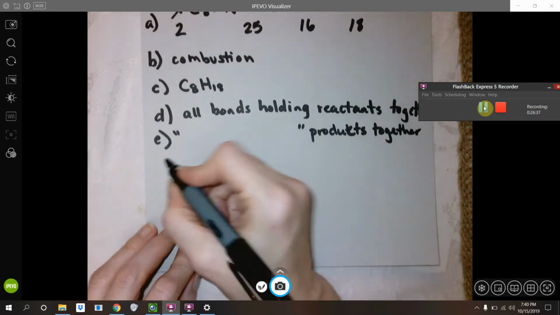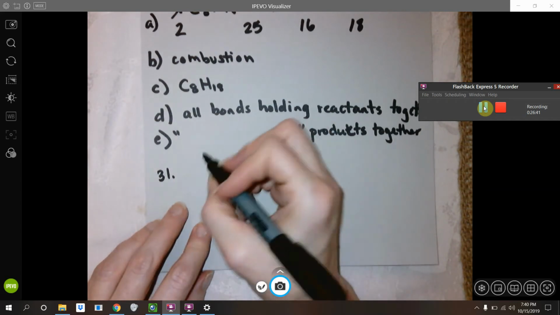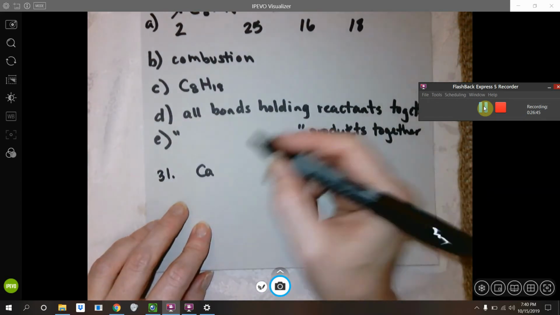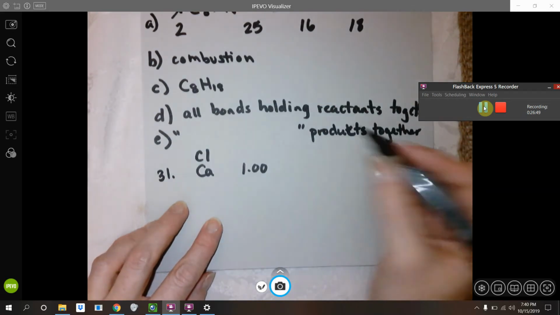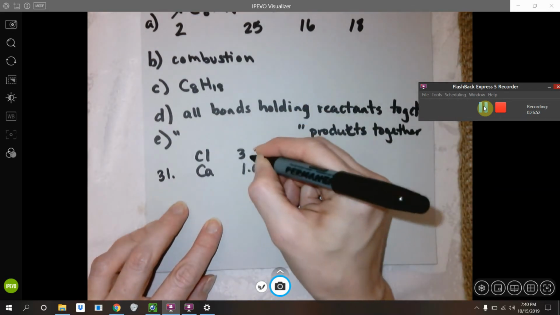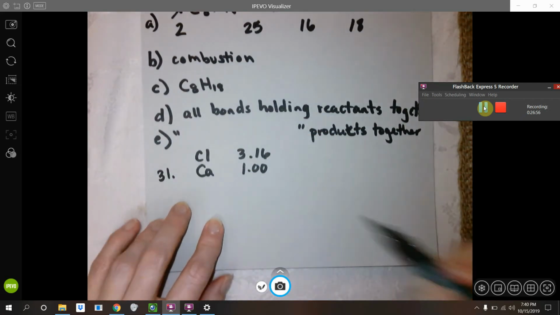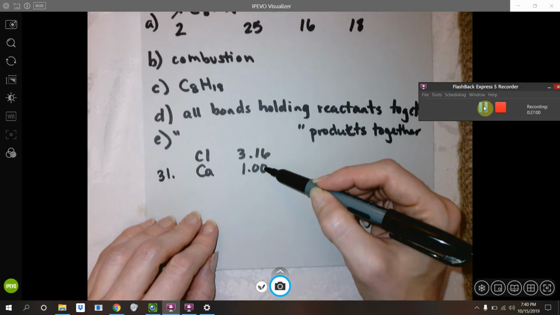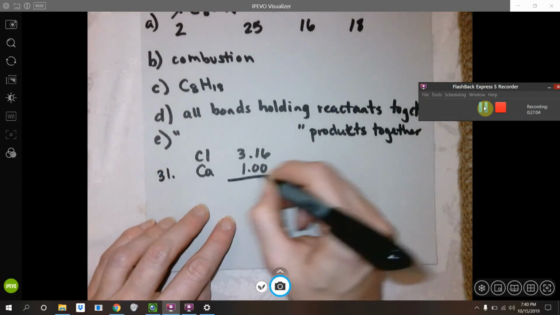So, for number 31, we have calcium, which has an electronegativity value of 1, and we have chlorine, which has an electronegativity value of 3.16. So immediately it tells us that chlorine is better at pulling on electrons than calcium, because electronegativity is their ability to pull in the electrons.